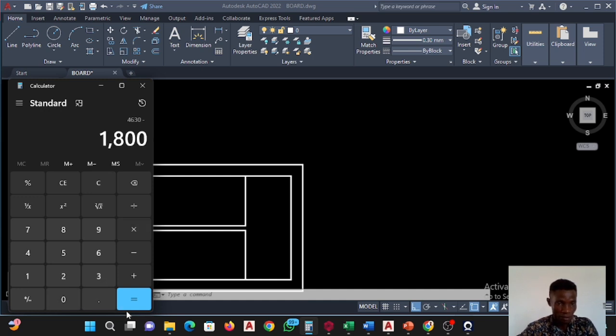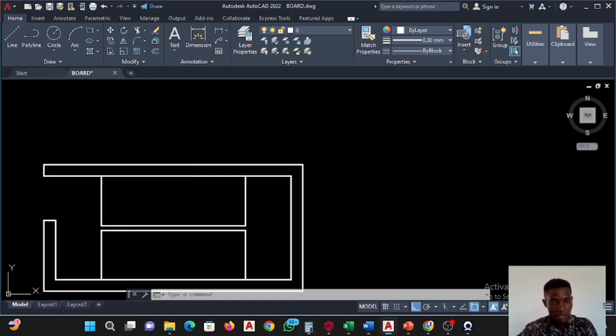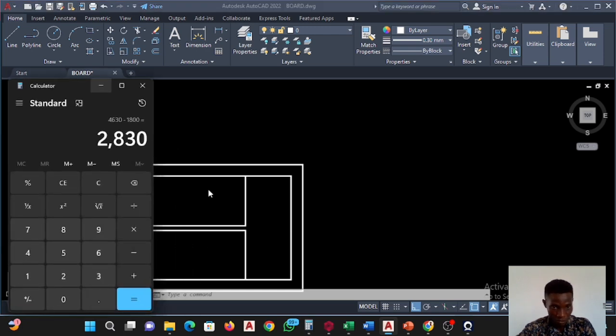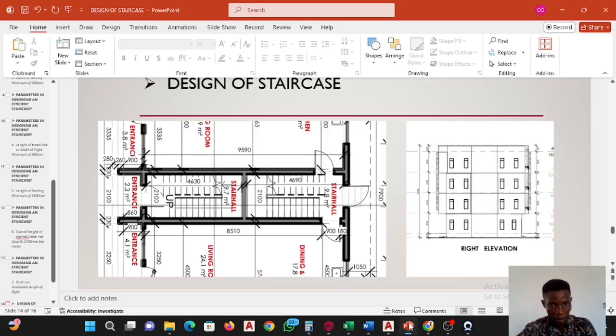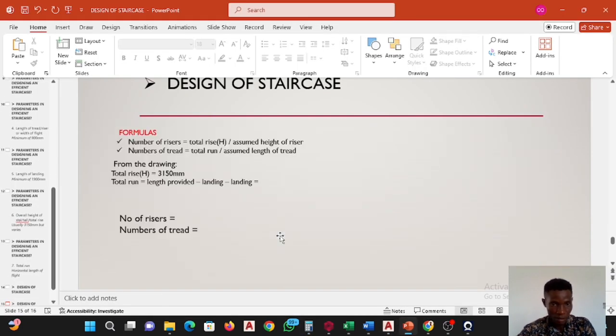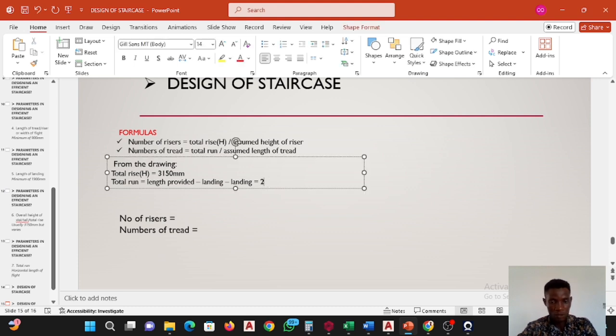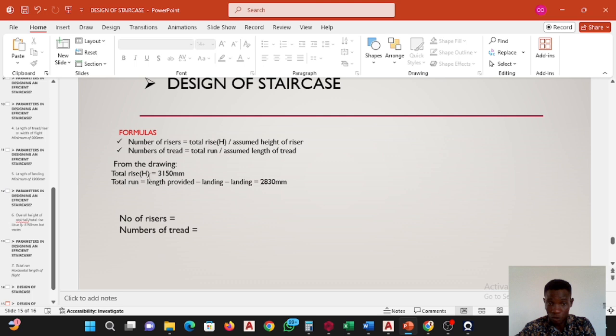So what do we have left? We have 2830. So the space from here to here is 2830 mm, which is the total run.